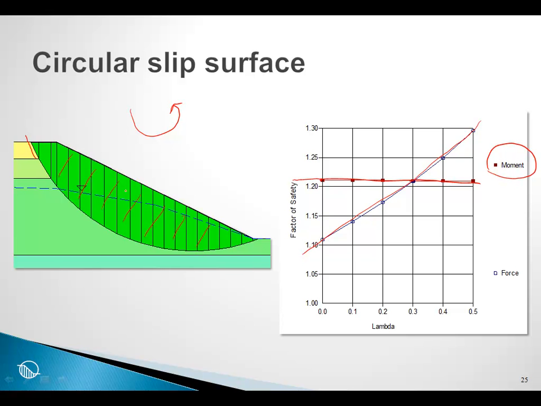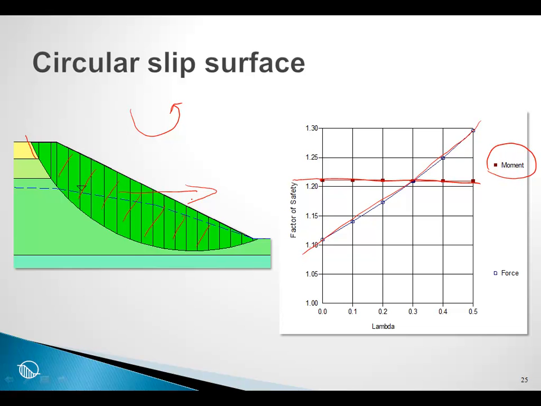However, if I were to take this sliding mass and slide it horizontally, now the sliding mass would have to contort considerably. There would be a lot of slippage between the slices, and consequently the factor of safety based on horizontal force equilibrium is sensitive to interslice shear.